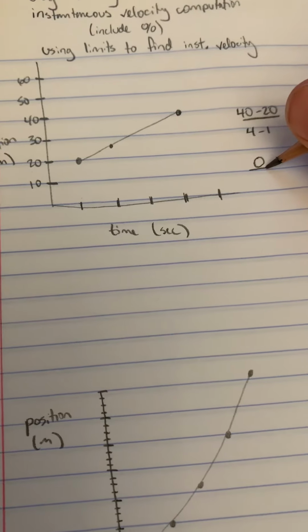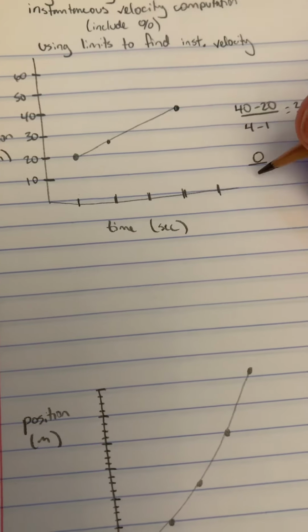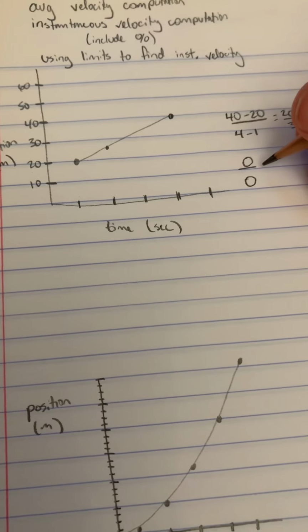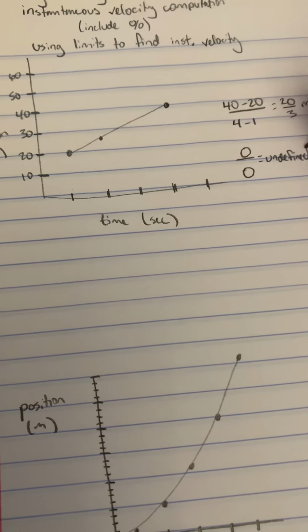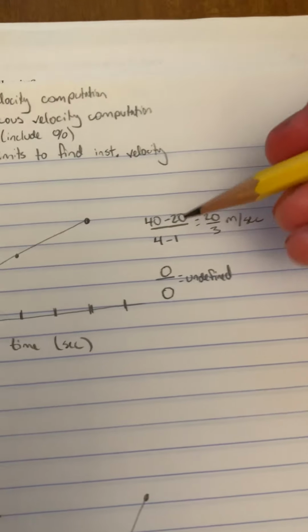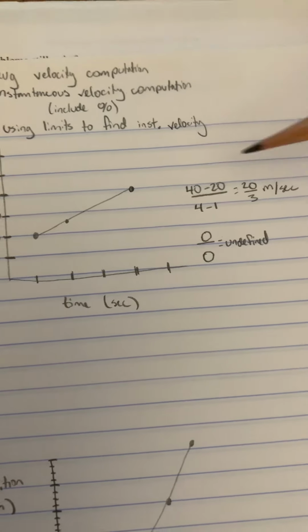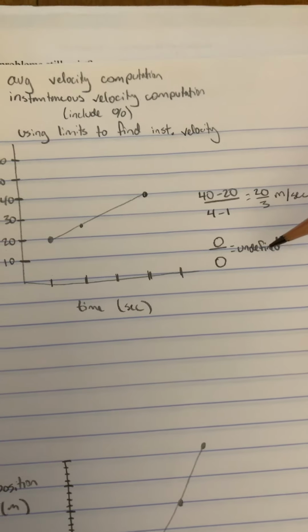And similarly, my time would change by 0. You can see that this would be potentially a problem because 0 divided by 0 is undefined. And if that's the case, then even though we know that this person is traveling 20 over 3 meters per second, we just figured out that they were traveling an undefined rate, which is not true.